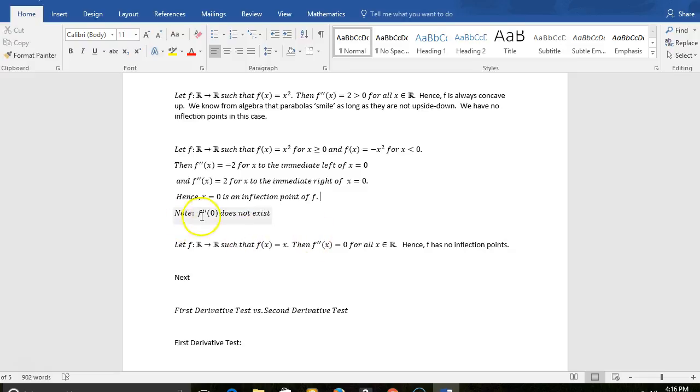And 0 is an inflection point. Again, x equals c is an inflection point. It's a domain value where f goes from concave up to concave down, or else the original f function goes from concave down to concave up.